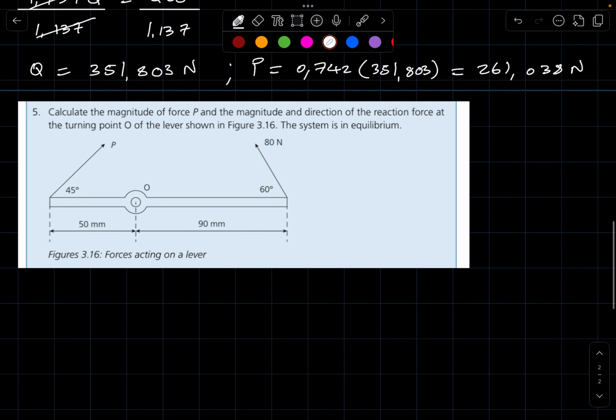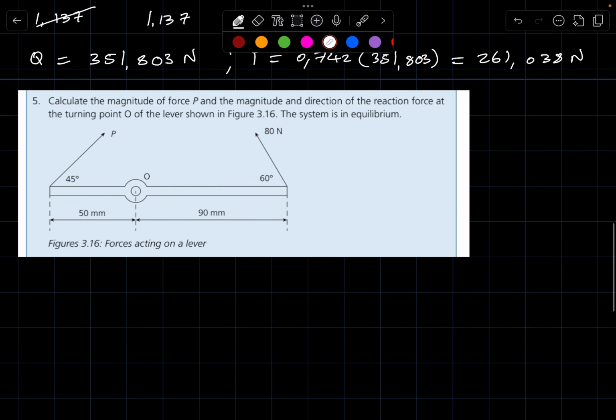Now let's look at the second problem. This here is a lever system, which based on figure 3.16, you have a force P acting at this point, and you have another force 80 newtons acting at this point. Both forces are oblique forces.